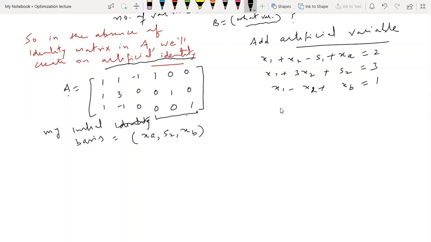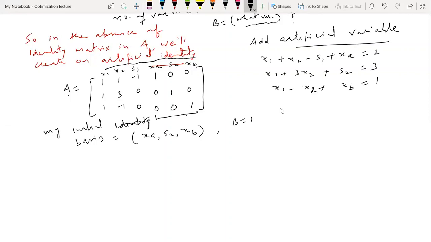If you look at the columns, this is x1, x2, s1, xa, s2, and xb. I have written these columns according to these variables. So if I am taking initially these three variables in the basis, corresponding to these three variables I have an identity matrix.